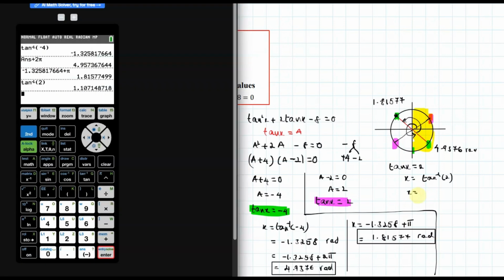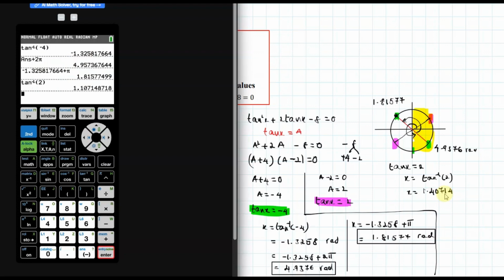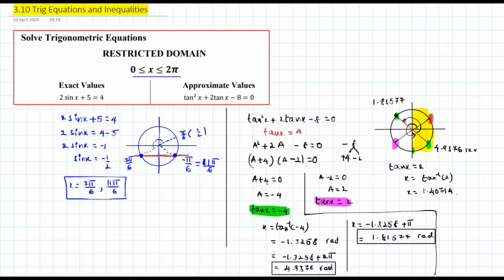So x equals 1.10714, we can round it to 5, and this is the angle in the first quadrant.